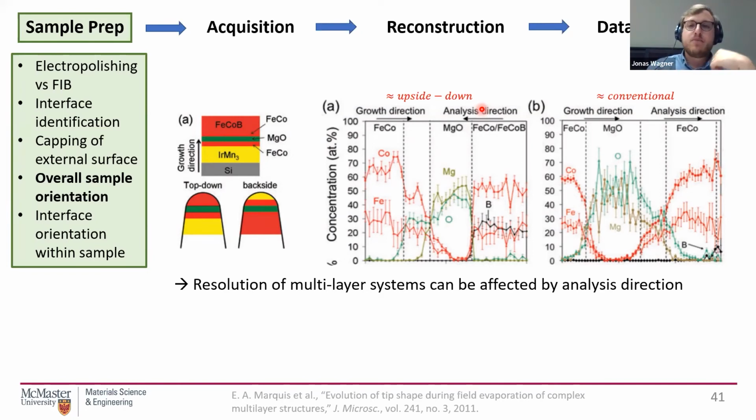But here is an example where, by changing the running direction, a boron doped layer could be well resolved in what I would call the upside down direction. But it's almost not visible in our conventional running direction. So especially if you have a multi-layer structure where there's oxygen involved, turning the sample around might be worth a try.